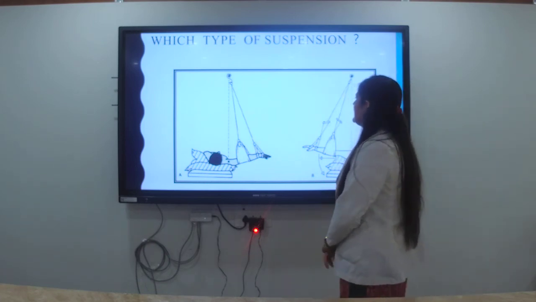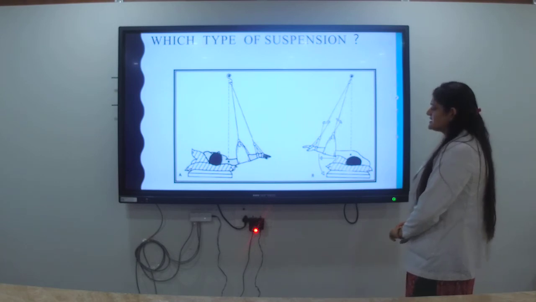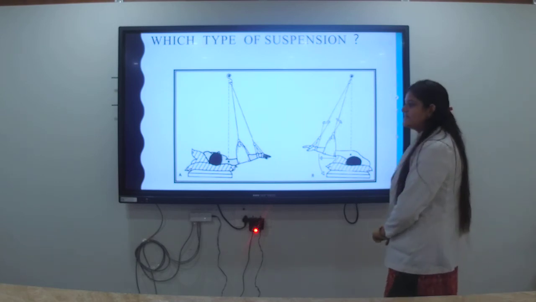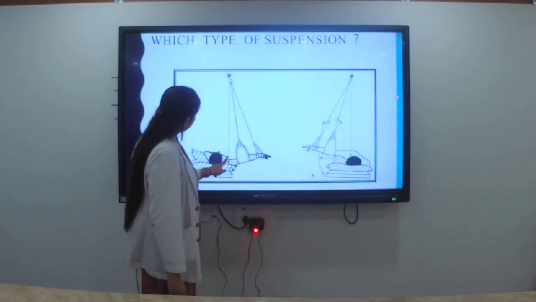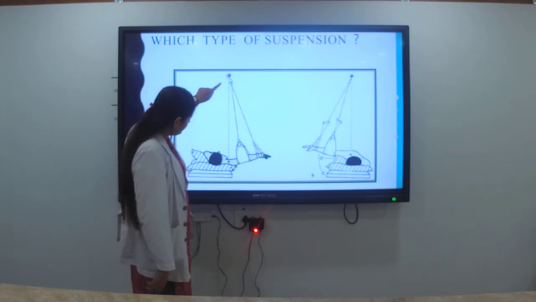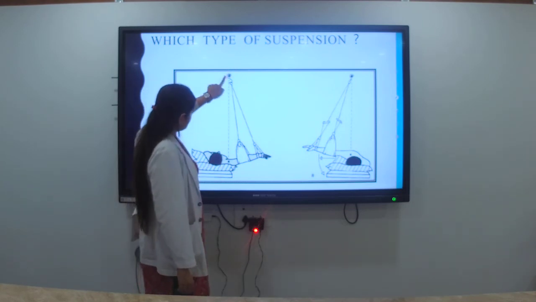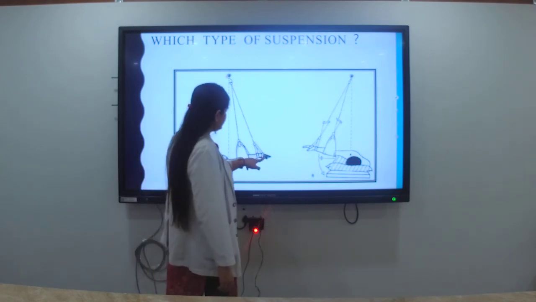As we are coming to the end of it, I need you to tell me which type of suspension is this? Any guesses? Here I can explain that the point of suspension is the joint. There is one common S hook which is just right above the shoulder joint, and here is your single sling, here is your 3D sling.